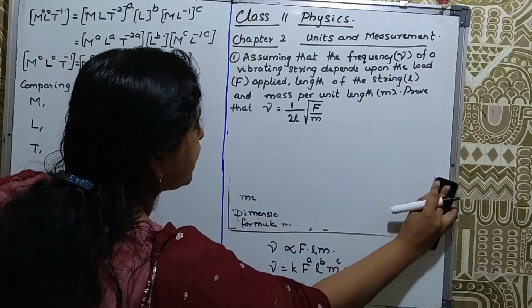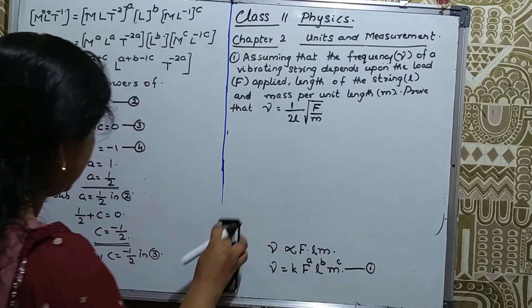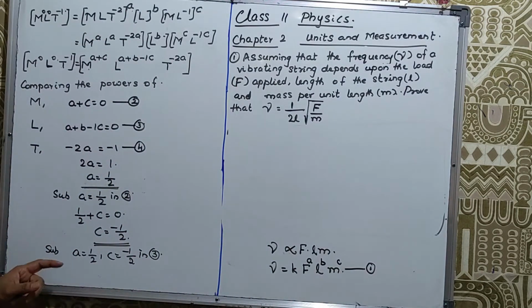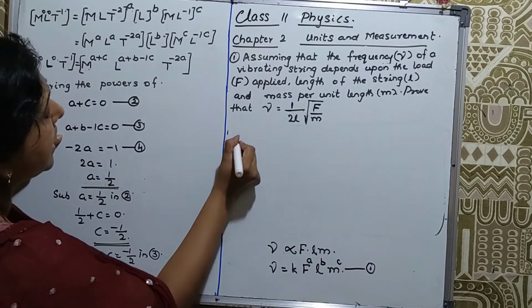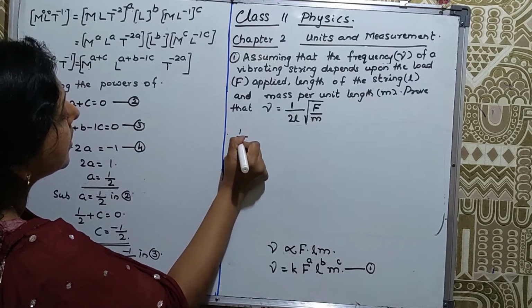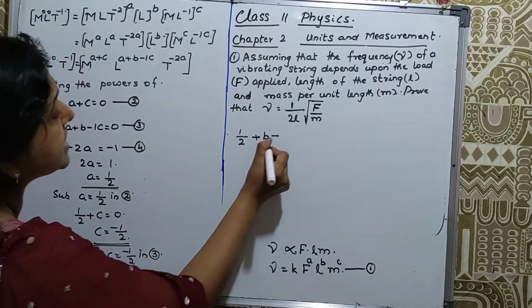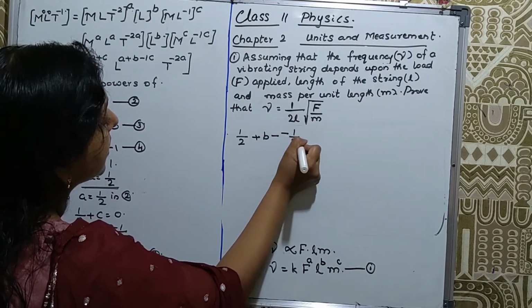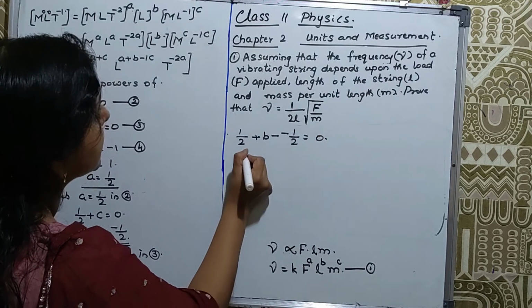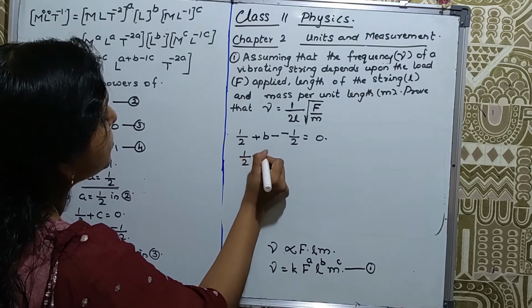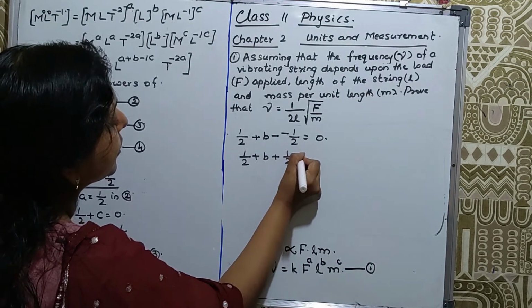Now when you substitute that value of a and c in equation number 3, a is half plus b minus c is minus half equal to 0. So it will be half plus b plus half equal to 0.